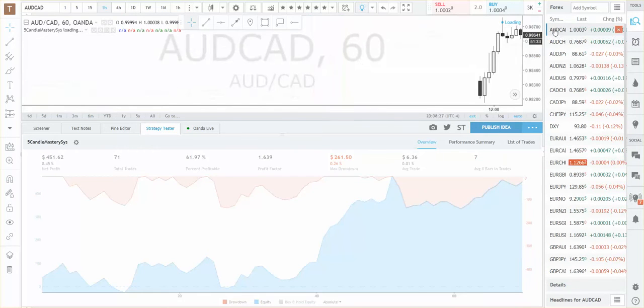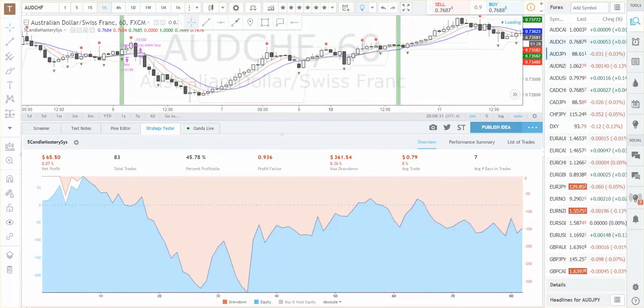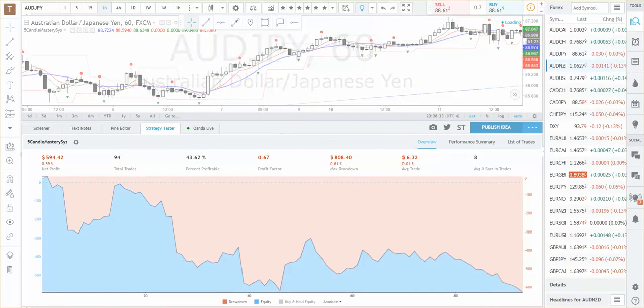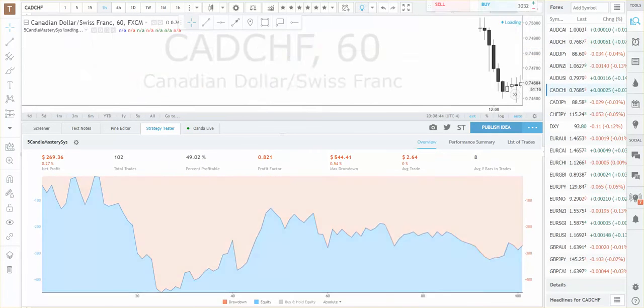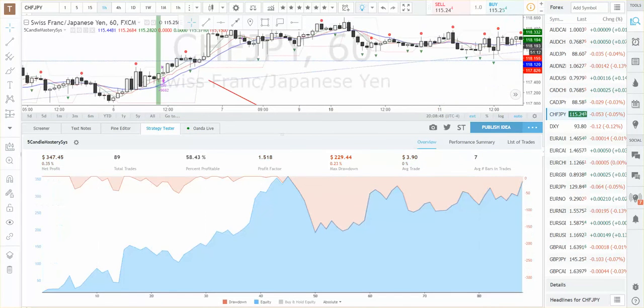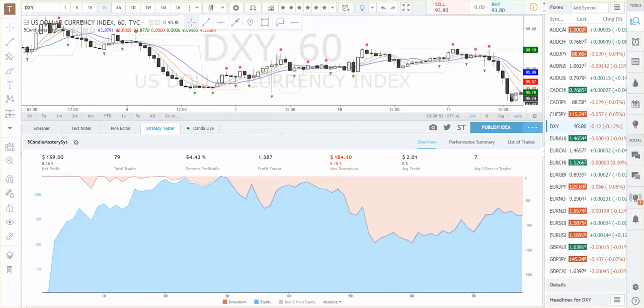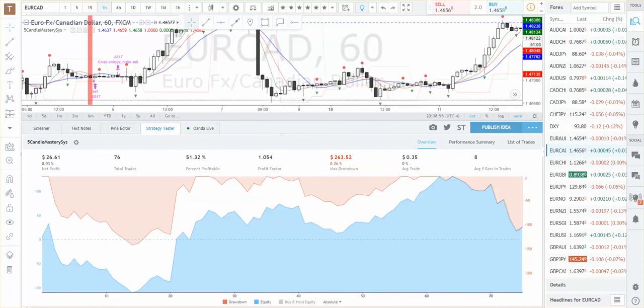Obviously it's a system that's gonna perform really well in trending markets, but as soon as markets go sideways, you may get a lot of false entries, a lot of stop outs. I think it's expected. It performs fairly well in most pairs.